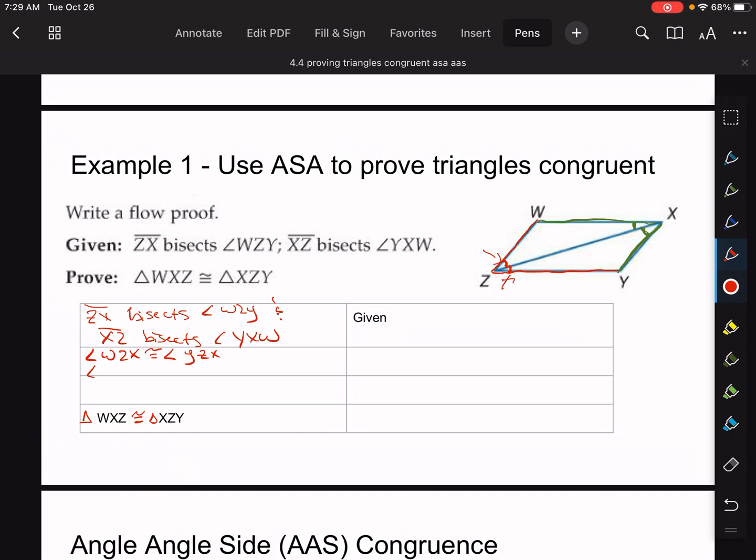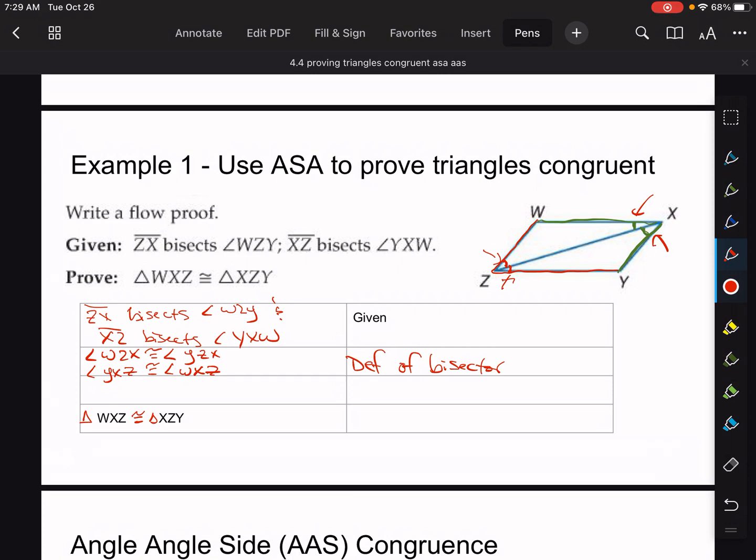We can also say that angle YXZ is congruent to angle WXZ. All right, and that's because of what we just pointed out, right? I'm just stating that. And the reason for that is the definition of a bisector. Okay, so I know these angles.